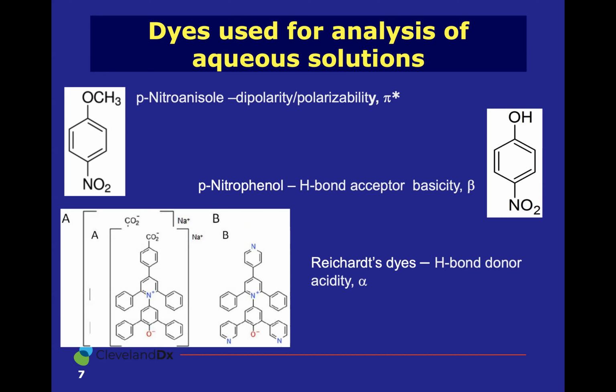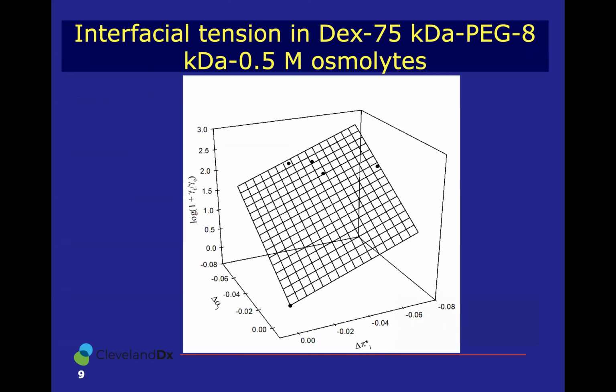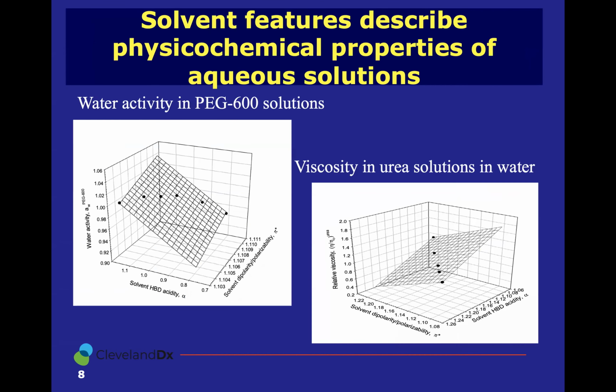Now, what's good about this approach? First, it allows you to quantify the difference between the solvent properties of water in the phases. And plus, it turned out that these solvent features define a lot of physicochemical properties of aqueous solutions.